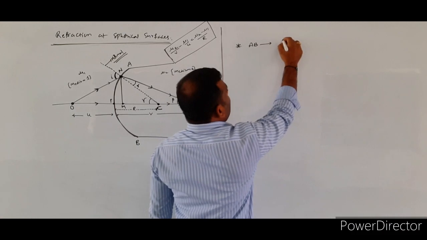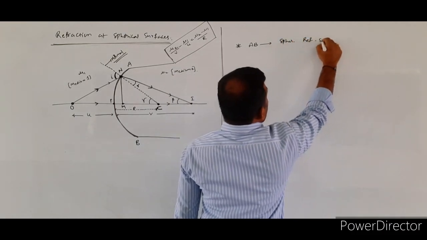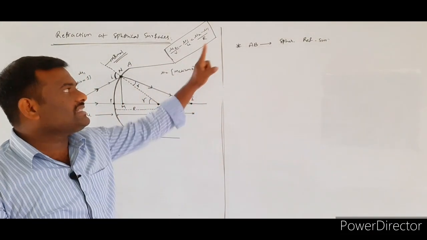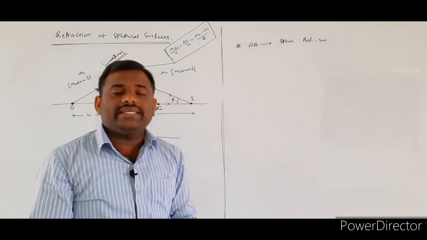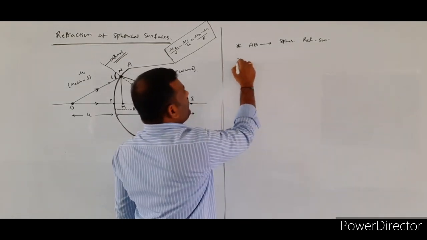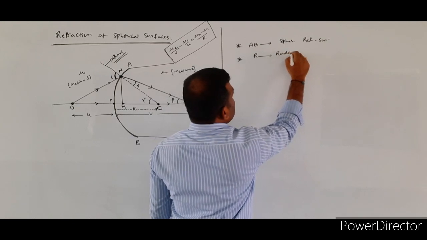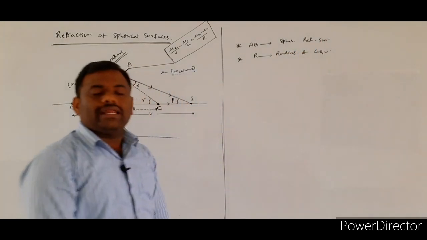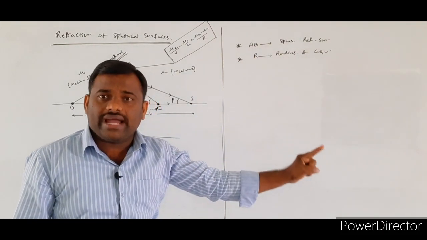Such a spherical refracting surface will be considered. Whenever you consider a spherical refracting surface, some radius of curvature exists for it. So for the given spherical refracting surface, capital R indicates the radius of curvature of the spherical refracting surface.